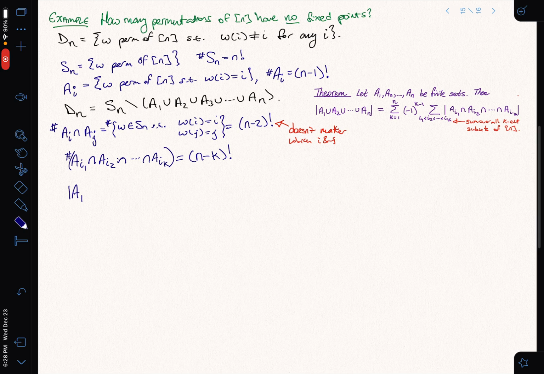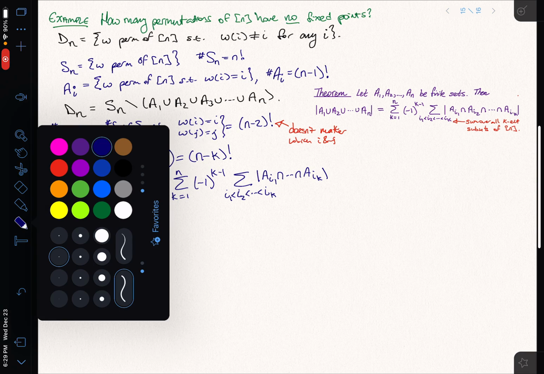So what is the size of fixing 1, or fixing 2, all the way up to fixing n? What is the number of permutations that have at least one fixed point? Well, by inclusion-exclusion, this is the sum from k equals 1 to n of (-1)^(k-1), I'm just copying the formula at this point, the sum over all subsets of size k of A_i1 intersect ... A_ik.